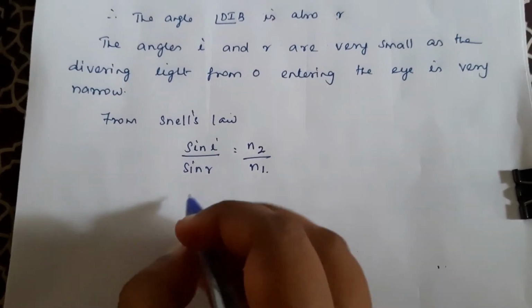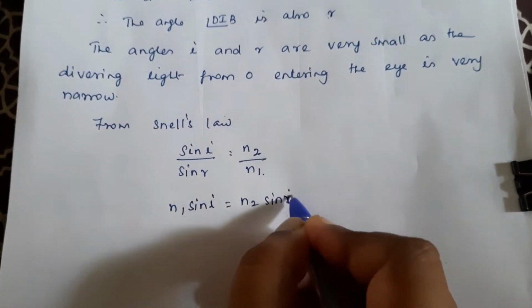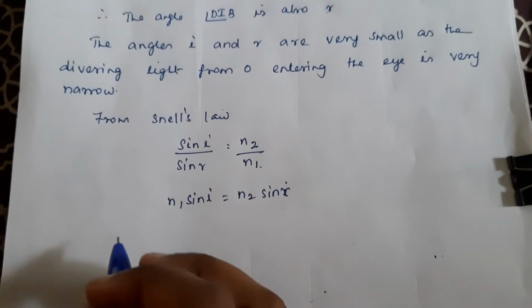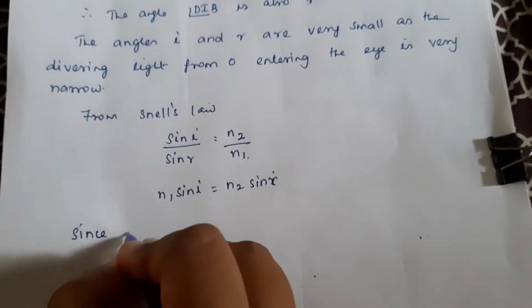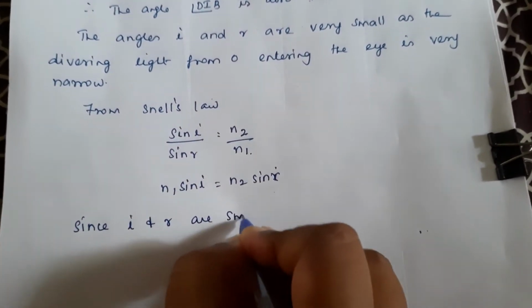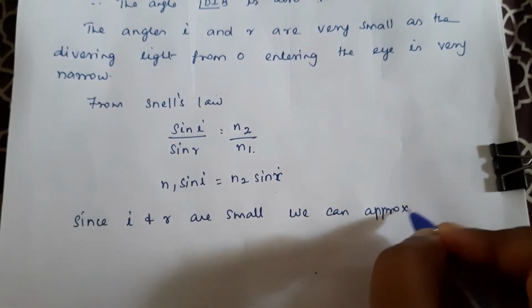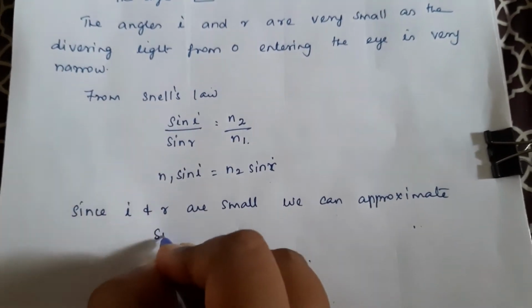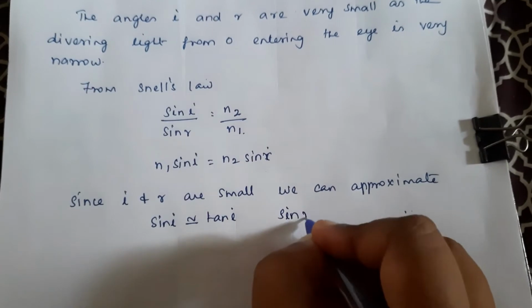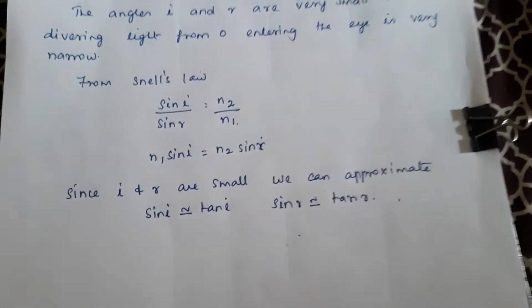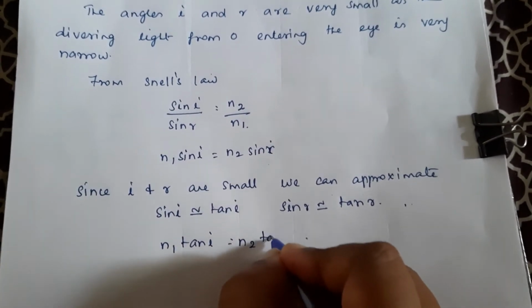In product form, N1 sin I is equal to N2 sin R. Since angles I and R are small, we can approximate sin I as tan I and sin R as tan R. So I can write the above equation as N1 tan I is equal to N2 tan R.